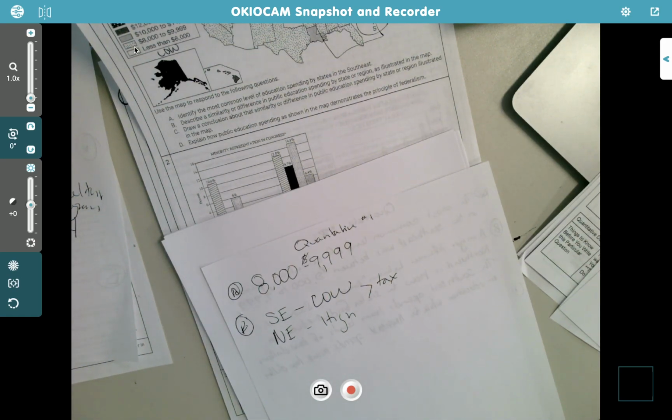Maybe the taxes in the Northeast are higher than in the Southeast. Okay, what are you going to use as your vocab term? Guys, what's the big vocab term? Why are each of these states spending different amounts of money on education? I've taught you this. Open up your stuff. Come on now.